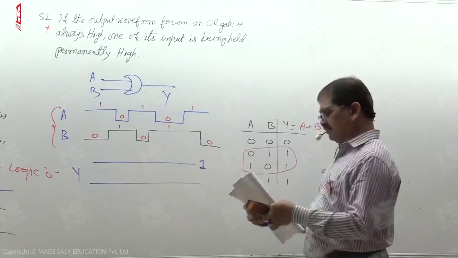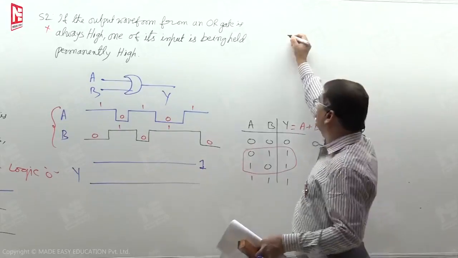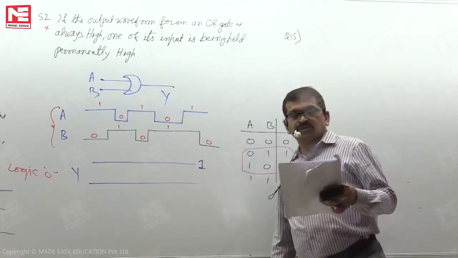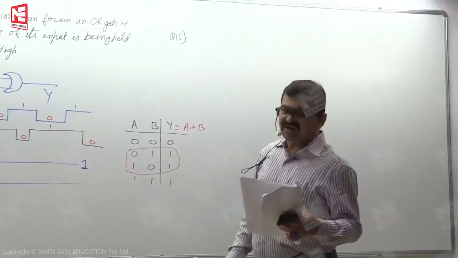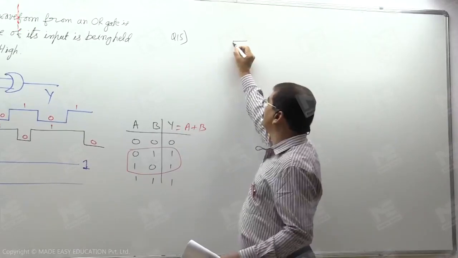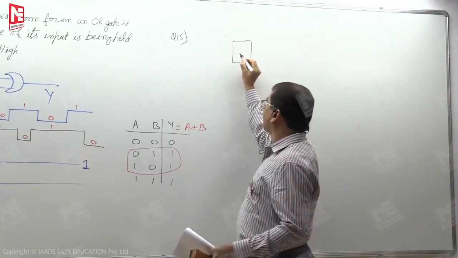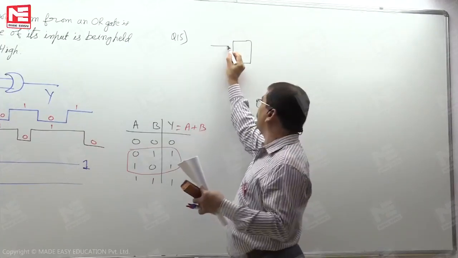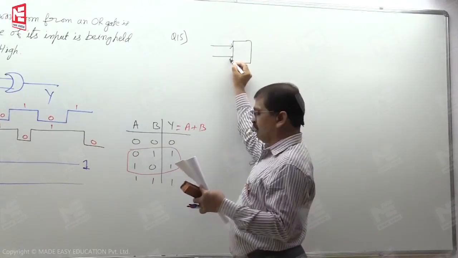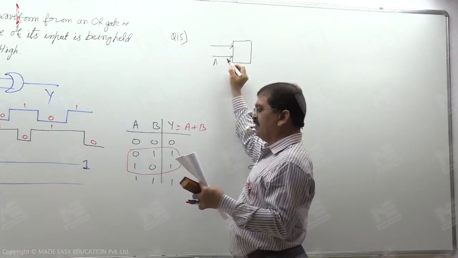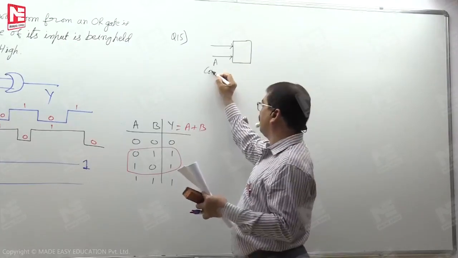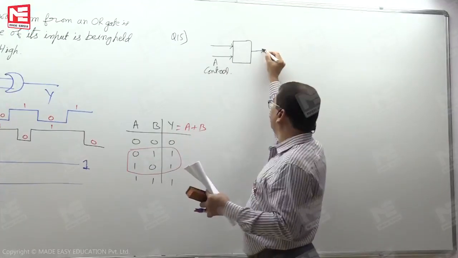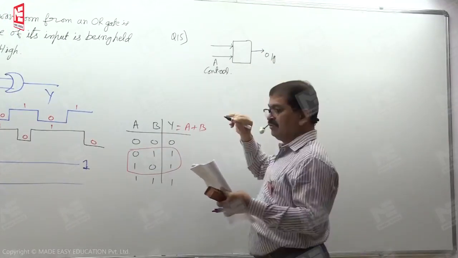Come to question number 15. In question number 15, we have a black box. One input is V, the other input is A, and the A input is named the control input. This is the output.